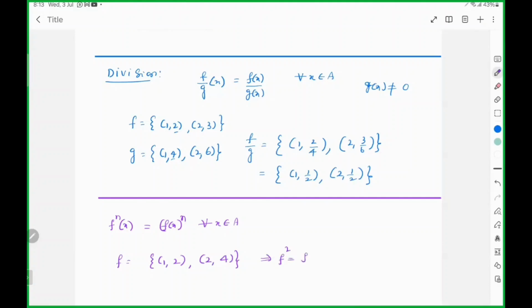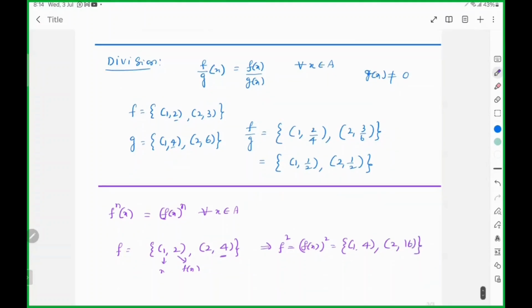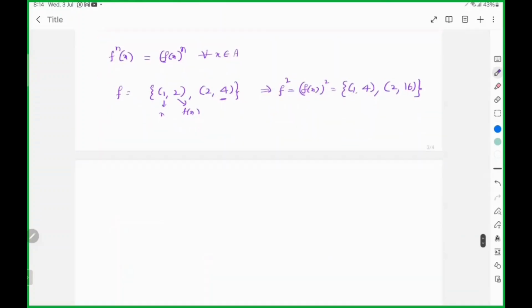It is f of x whole square. Meaning, for the first element there is no change, 1 comma 4. Here 4 squared becomes 16. So this is how you can calculate f square.